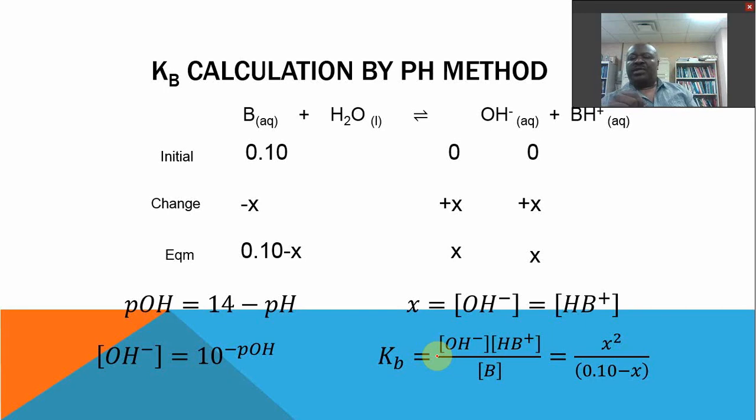But we're measuring the pH. If we know the pH, we can find OH minus, since pH plus pOH is equal to 14, and we can do the little arithmetic that gets us to the right expression. So by measuring pH, we can find Kb.